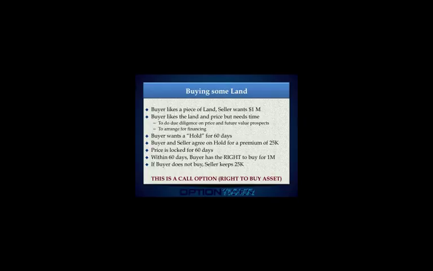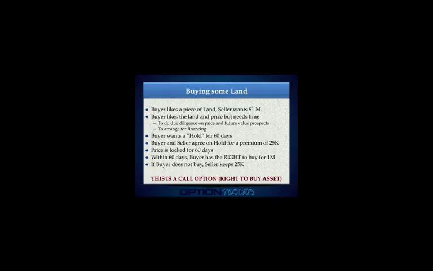This is regardless of what the price of land does after this contract has been put in place. So the price of land can go up by a lot, it can go down by a lot, it doesn't matter. If the buyer wants to exercise his right to buy the land, he pays the $1 million and he has the right to buy this land.